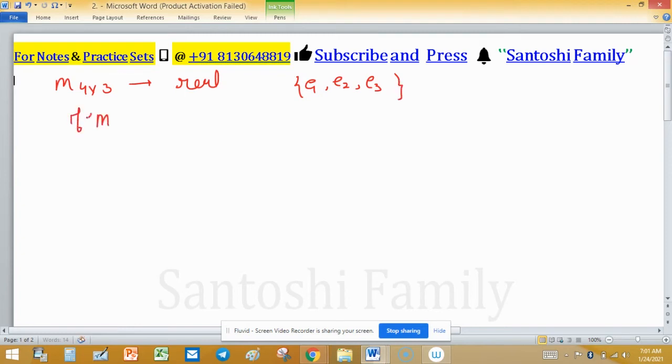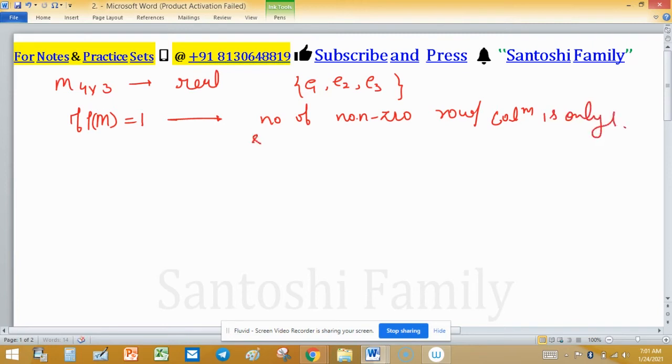If the rank of M is 1, what does it mean? It means the number of non-zero rows or columns is only one, and its determinant is 0.